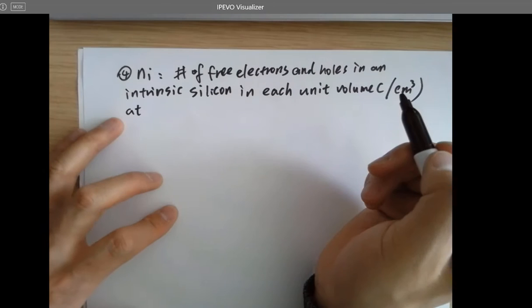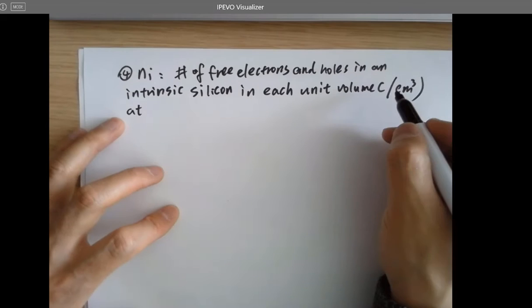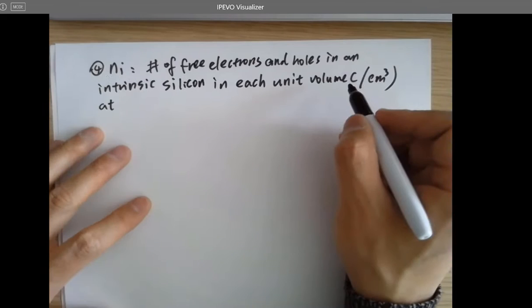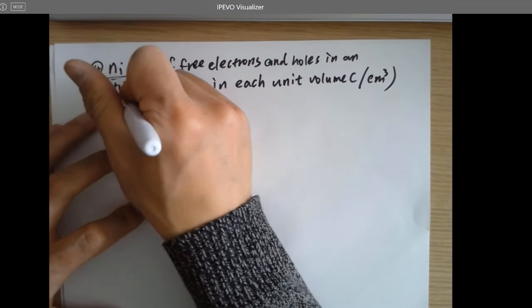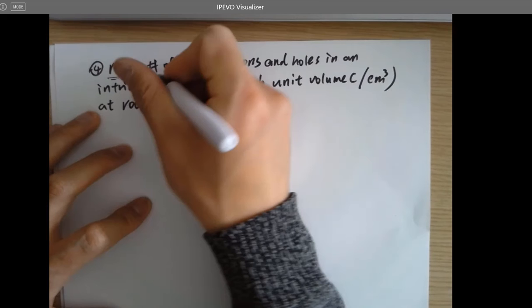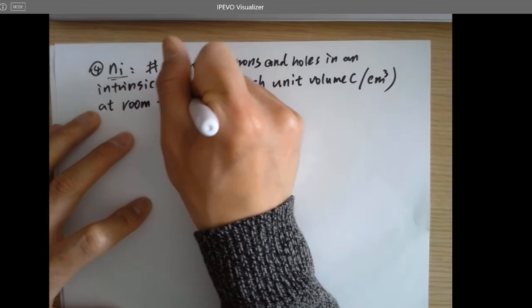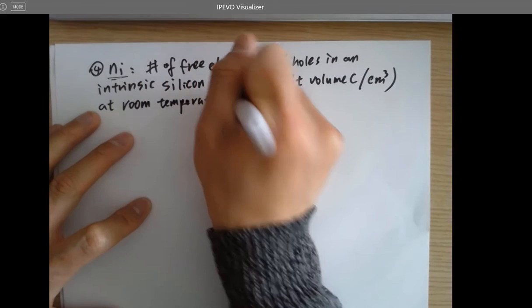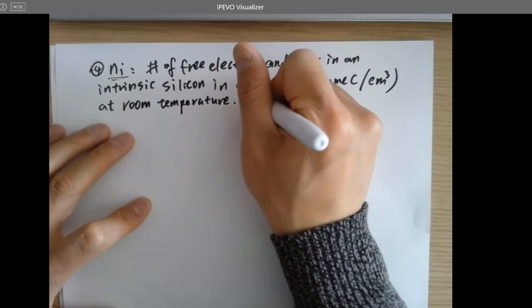Remember all these conditions, right? If you miss any of the conditions, this will not be the case. At room temp, which is 25 Celsius.